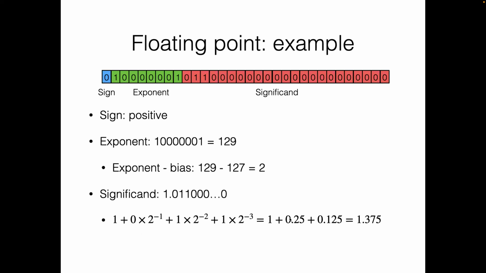So that equals 1 plus 0.25 plus 1 over 4, and then 1 over 8. Okay, so this part, the significand, ends up representing 1.375. Okay, so now we can combine all of them, and you have 1.375 times 2 to the 2. So this floating point number represents 5.5.